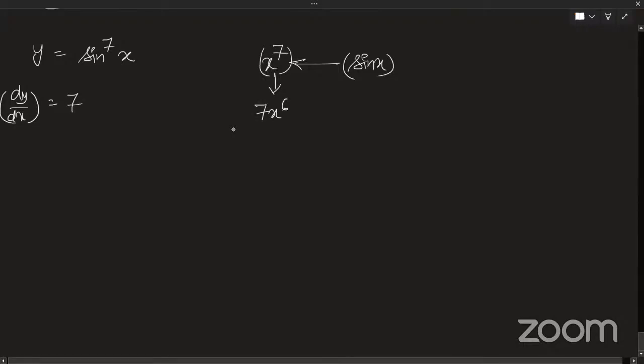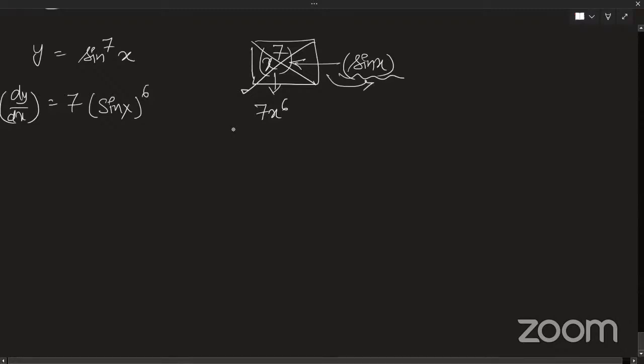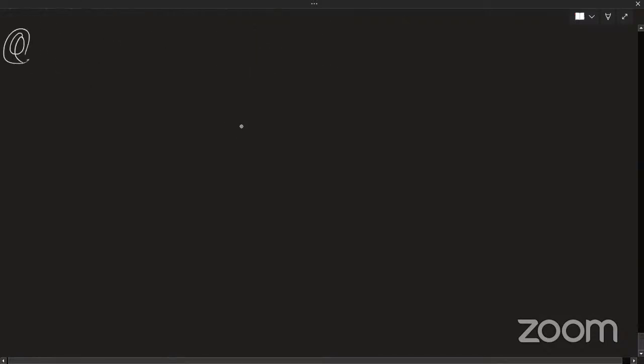So it is 7x power 6. I am telling you, approach from the outermost side. But the point is, instead of x, we have put sin x. So it will be sin x to the power 6. After I have completed this, I will move inside. I encounter sin x. Sin x का हो जाएगा cos x. Have I substituted anything inside sin x? No. So I'll just leave it as it is. Okay.